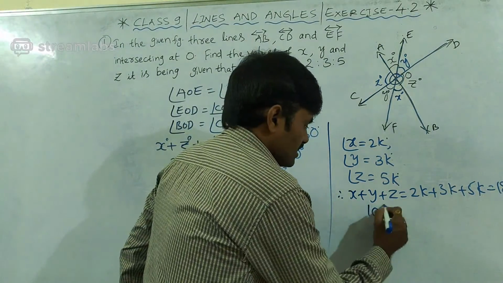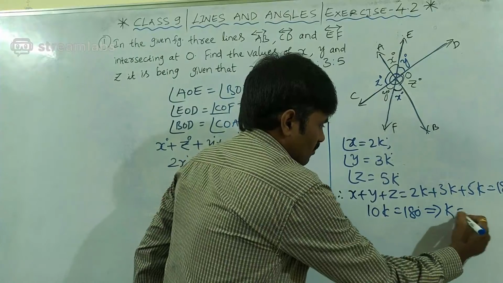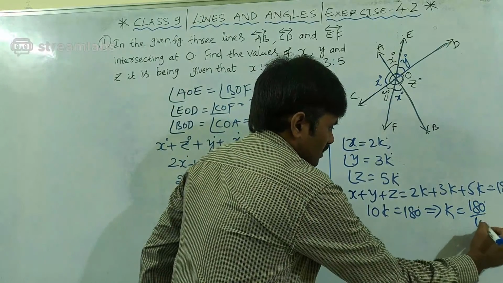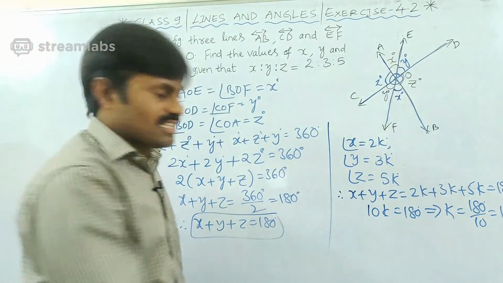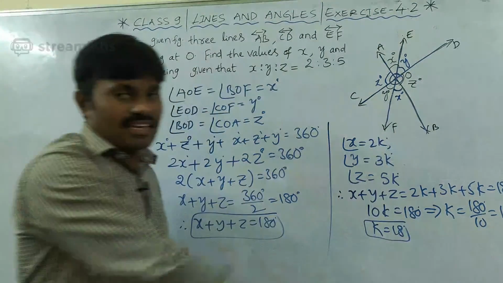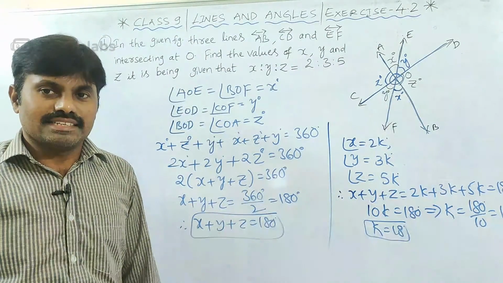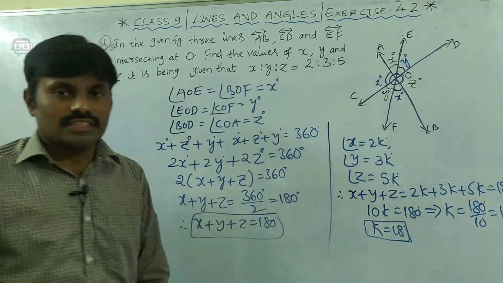So 10k is equal to 180 degrees. Then k is equal to 180 degrees divided by 10, that is 18 degrees. Therefore, the value of k is equal to 18 degrees.